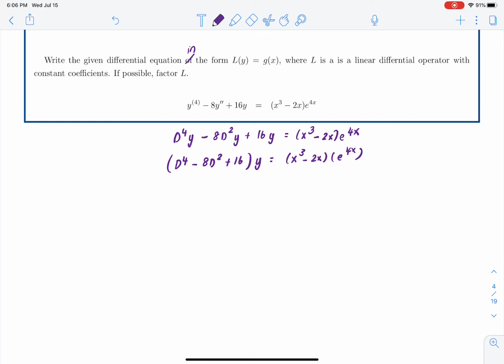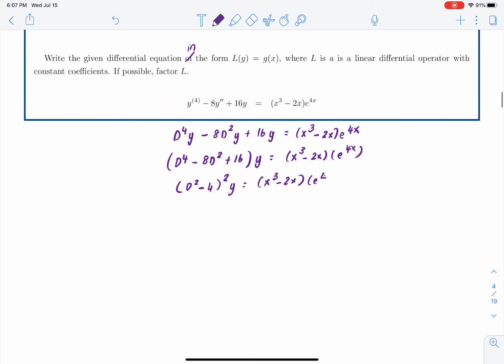I believe we can. This is simply D squared minus 4, squared. So we will have D squared minus 4 times D squared minus 4, y equals x cubed minus 2x e to the 4x.